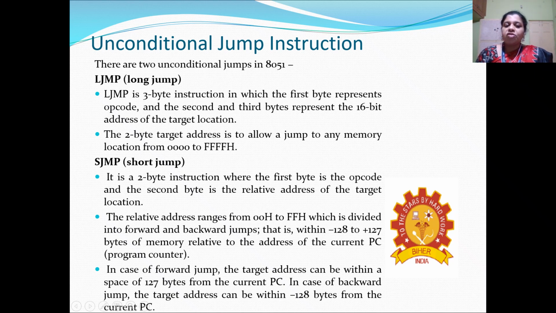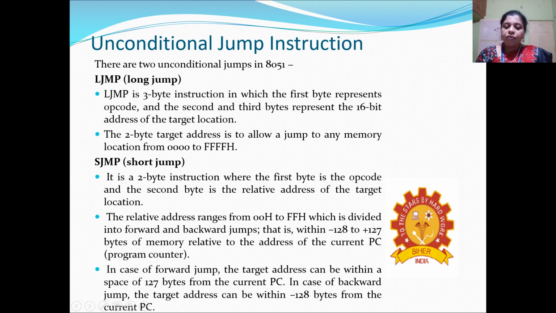Then short jump. The difference between the short jump and long jump is that long jump is a 3 byte instruction, whereas short jump is only a 2 byte instruction. So opcode and 8-bit address. When we take it as forward and backward jumps, it is within -128 to +127 with respect to the program counter.